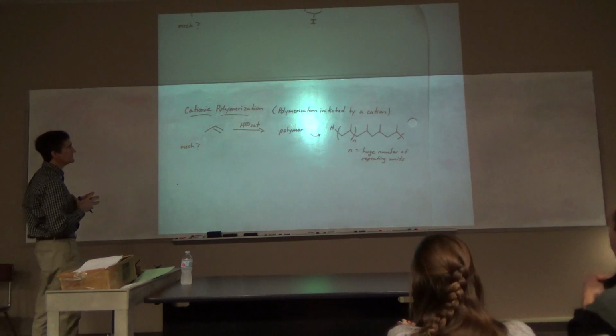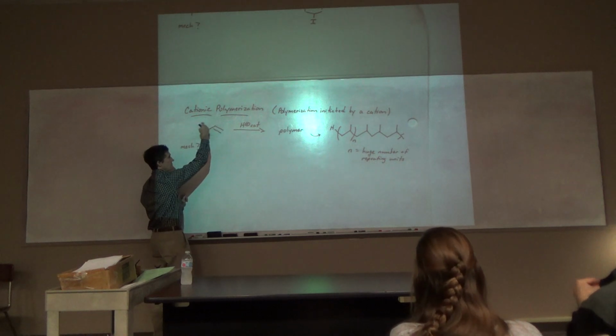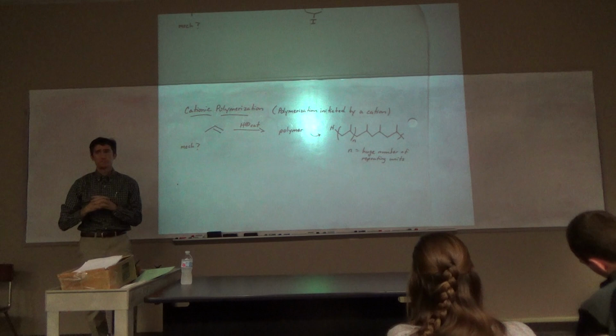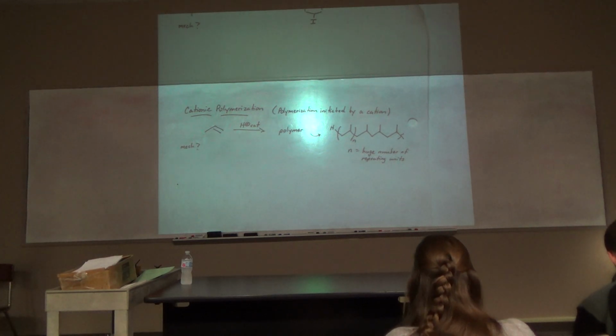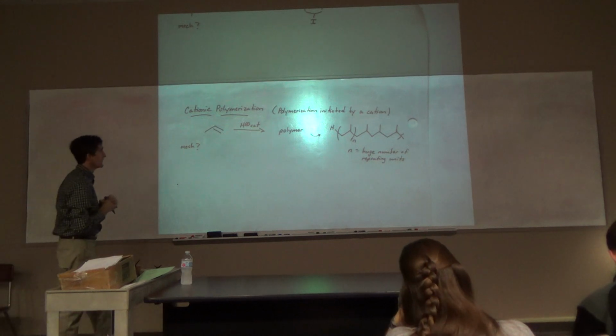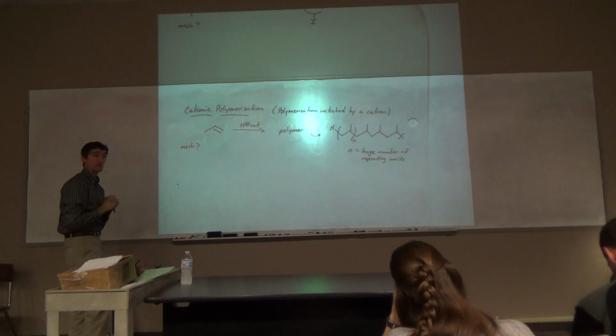Let's look at polymerization. If you take this alkene, pretty darn simple. How do we do it in nomenclature? What's the name of this alkene? It's just propene. Nothing else needed.